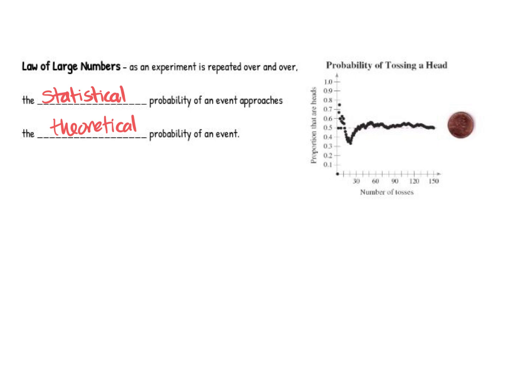The next thing we're going to talk about is something called the law of large numbers. As an experiment is repeated over and over, the statistical probability of an event approaches the theoretical probability of an event. So as you conduct an experiment, it gets closer and closer to that theoretical, that possible outcome. You can see this in the table right here, tossing heads or tossing tails.